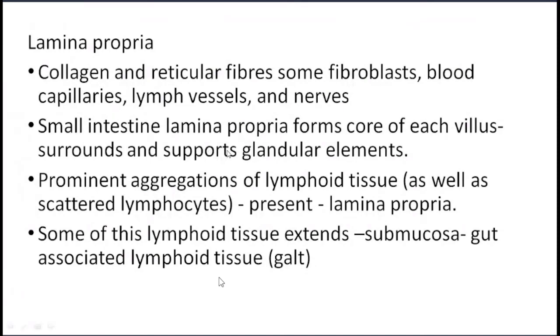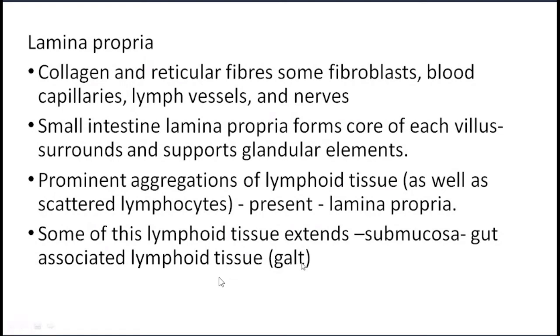Then in the lamina propria, you will get some lymphoid aggregations, or scattered lymphocytes. They are also present in the lamina propria. Some of the lymphoid tissue from the lamina propria will also extend into the submucosa. In that case it is called the gut associated lymphoid tissue, or GALT.